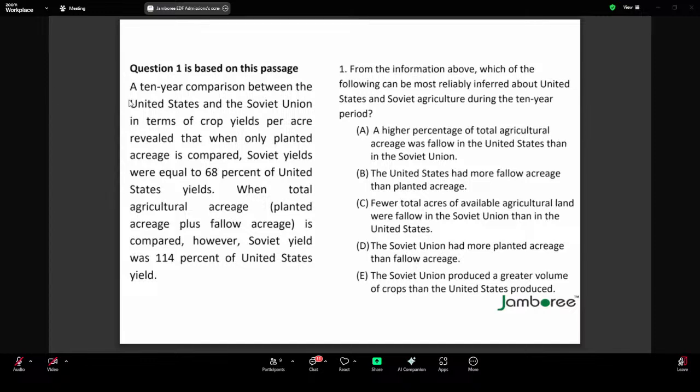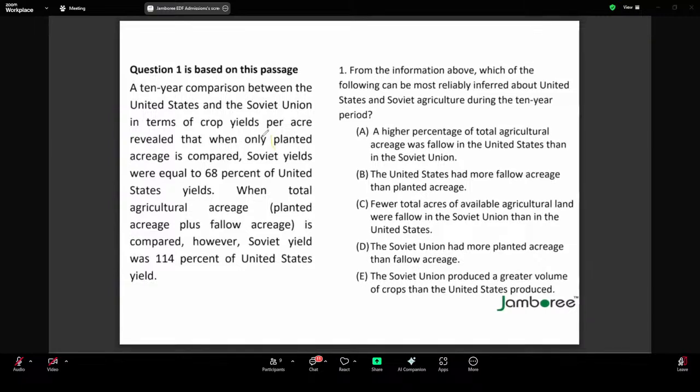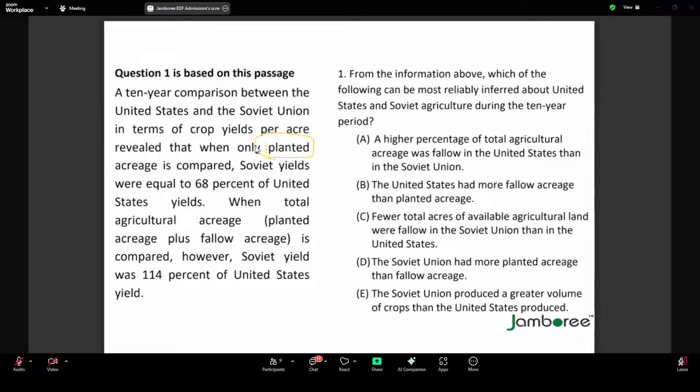So in the 10-year comparison between the US and the Soviet Union, in terms of crop yields per acre. So they're saying per acre. They're not saying holistically the whole crop, but on average per acre. It reveals that when only planted acreage, whatever you're growing, that's the planted part, is compared, Soviet Union yields were equal to 68% of US yields.